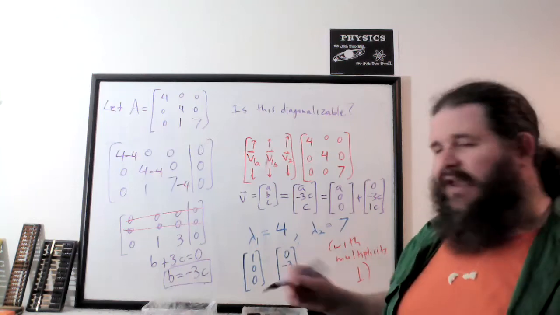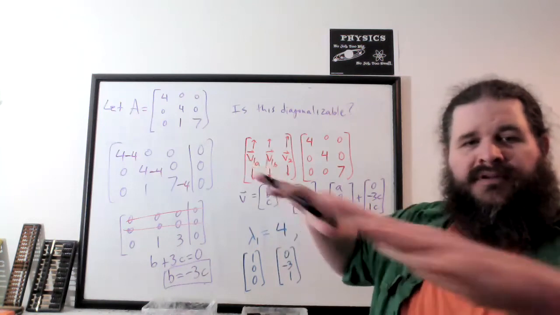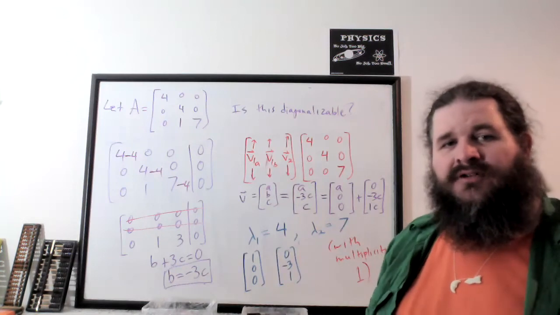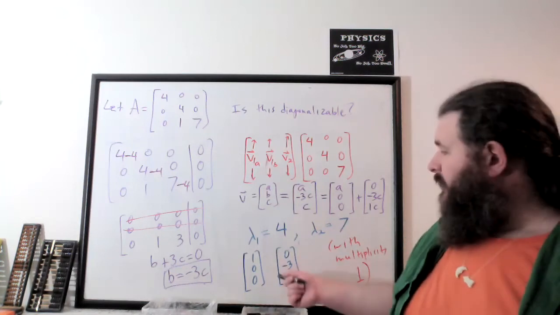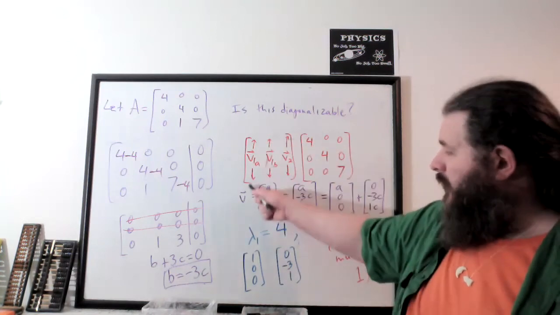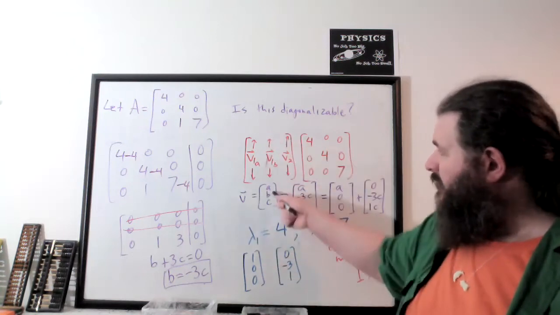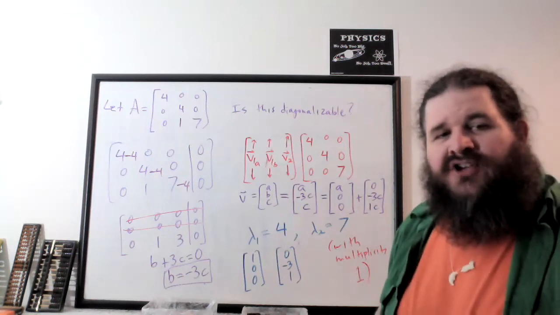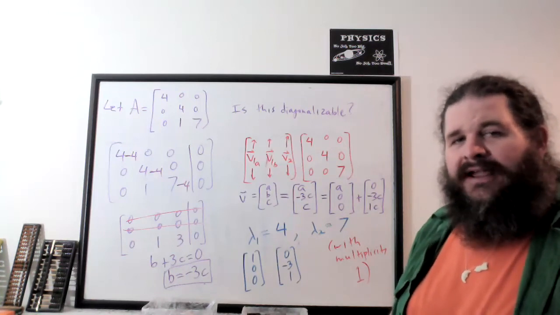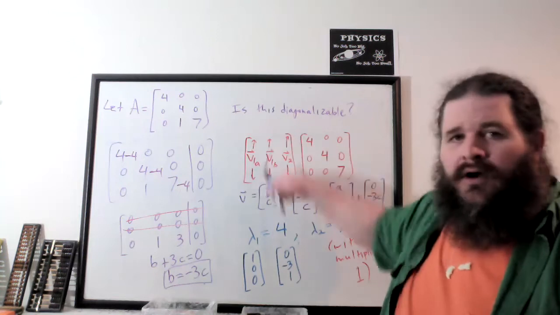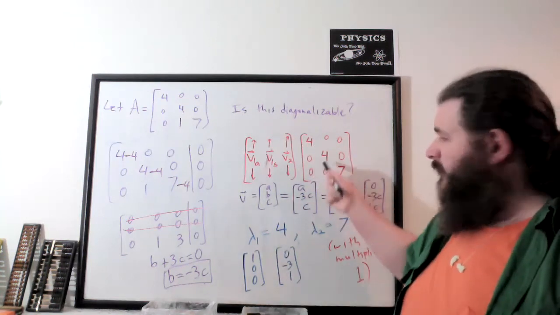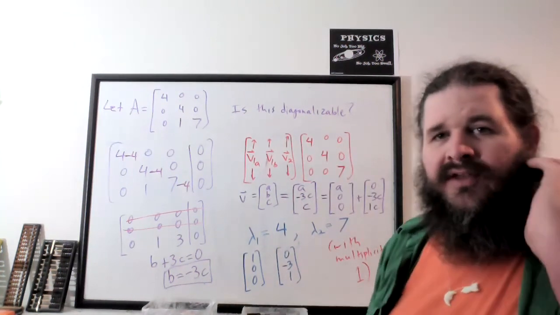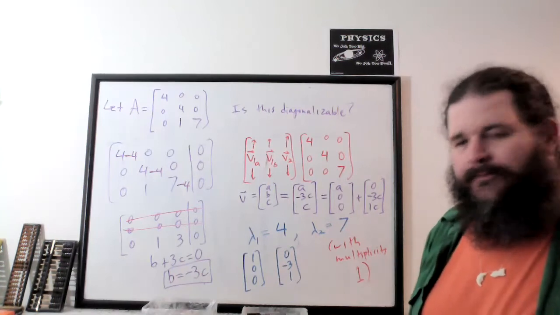So this is not just a line of eigenvectors, this is an entire plane of eigenvectors. We've got a two-dimensional eigenspace. And that's good because that means we can fill in one column with 1, 0, 0 and the second column with 0, -3, 1. Because we genuinely get two different eigenvectors, we can use two columns, both of which match 4 as the eigenvalue. So it looks like this is going to be diagonalizable.